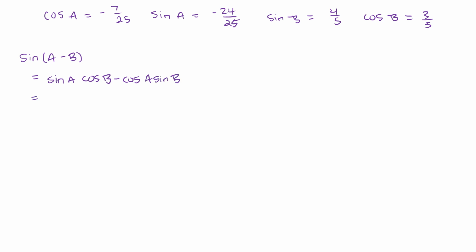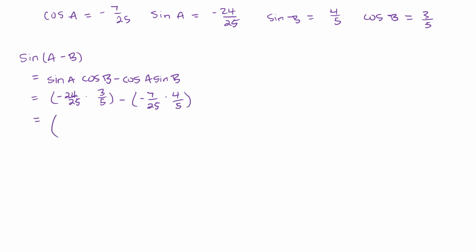So the sine of A we know is negative 24 over 25. Cosine B is 3 over 5. Cosine A is negative 7 over 25. Sine B is 4 over 5.